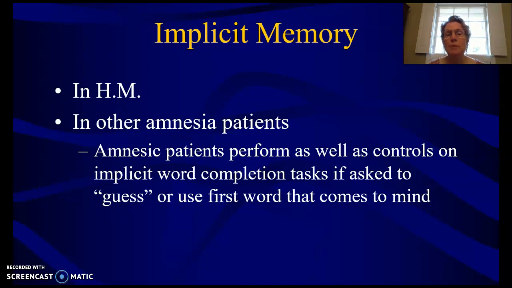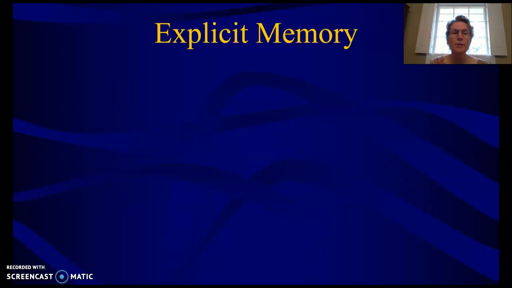Amnesic patients do just fine on this task if they've been told to just guess or use the first word that comes to mind. But if you ask them to remember a previously seen list of words, they're going to do terribly. So what does all this mean? This all means that we have different types of memory that are stored in different places in our brain.